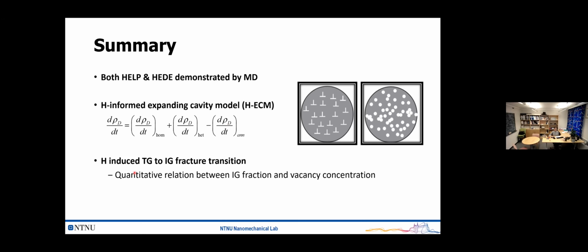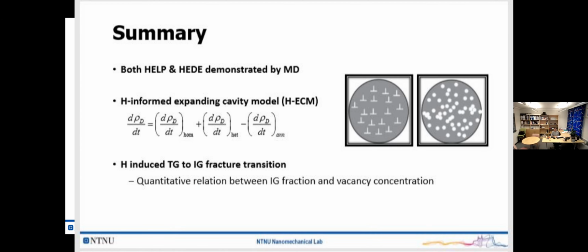We, for the first time, predicted this hydrogen-induced transgranular to intergranular fracture transition. And this gives the quantitative relation of the fracture mode with the vacancy concentration. And we are doing further research here.